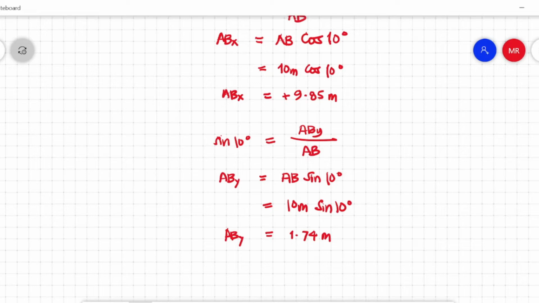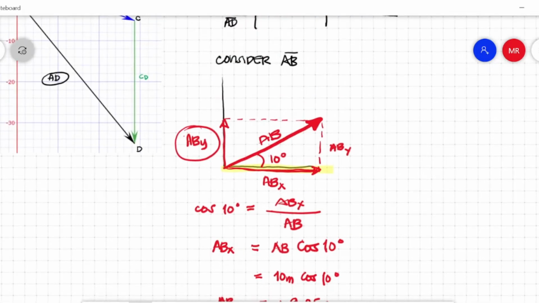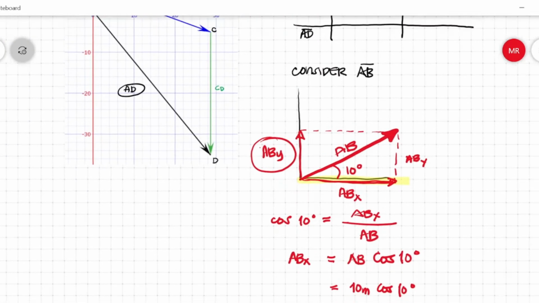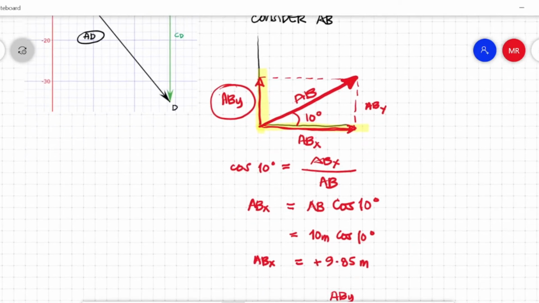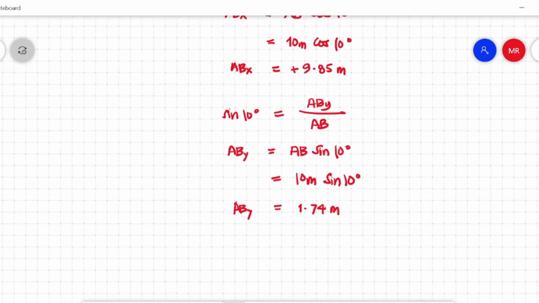Again, we need to look at the direction. Since ang ABY ay pataas, ABY is going north or upward. This is your ABY going up. Therefore, our ABY is also positive. So we now have our ABY and our ABX.